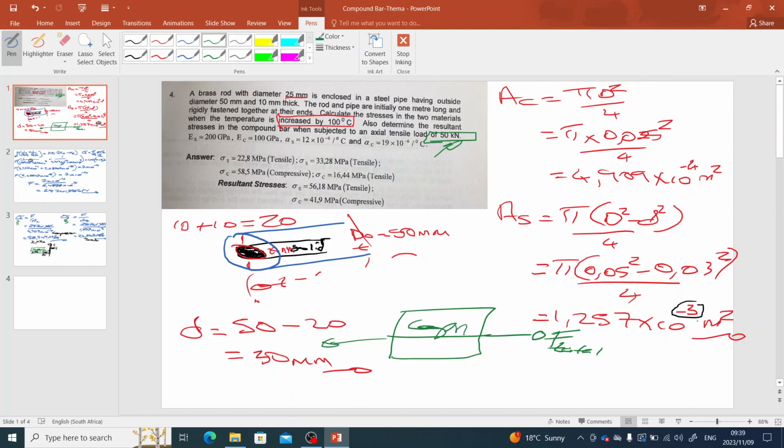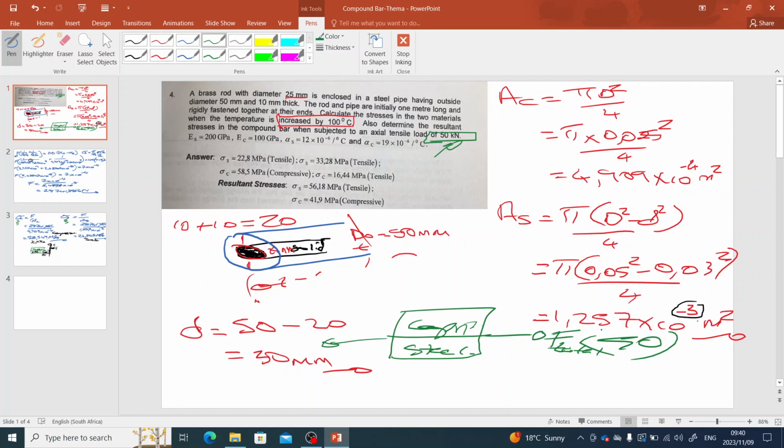This is copper, this is steel. Now check this. We have to calculate the force that would be absorbed by copper and the force that would be absorbed by steel from that 50. We have the total force of 50 applied on this material.